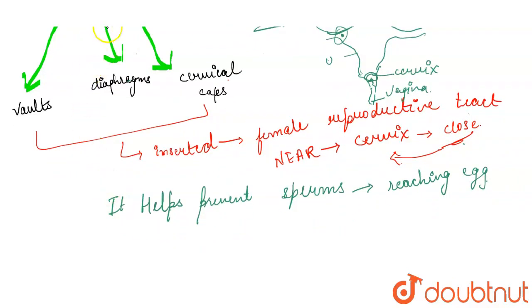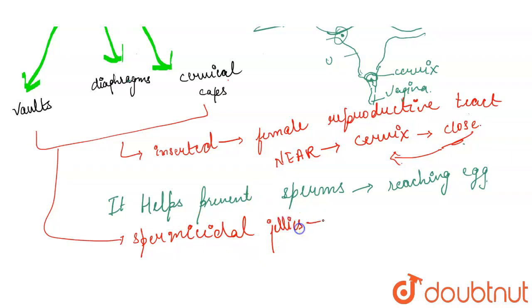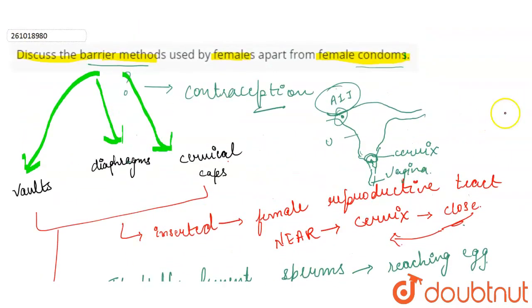And sometimes these barrier methods are accompanied by spermicidal jellies or creams so as to kill the sperms and improve the chances of contraception. So this was the answer for this question.